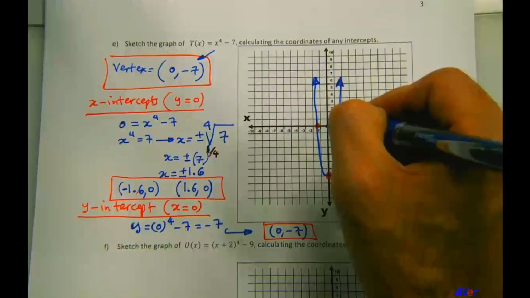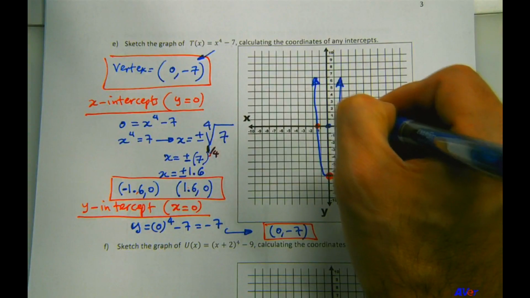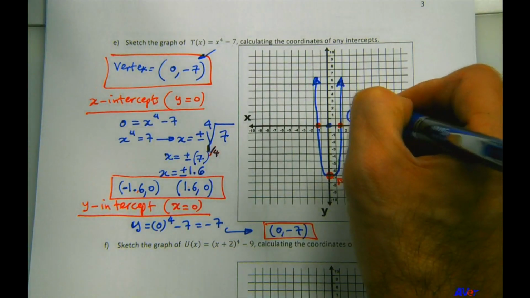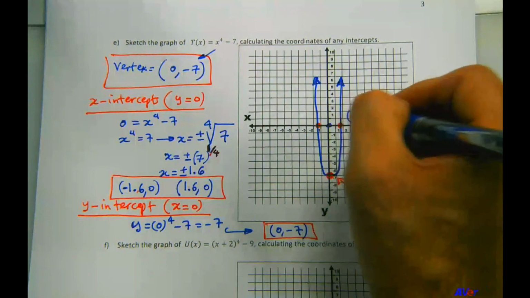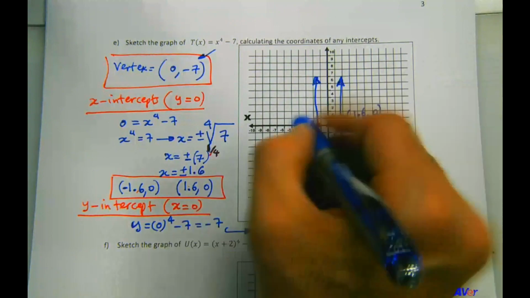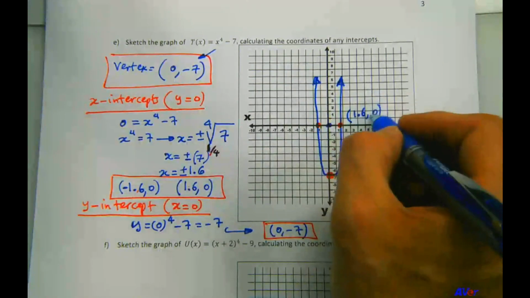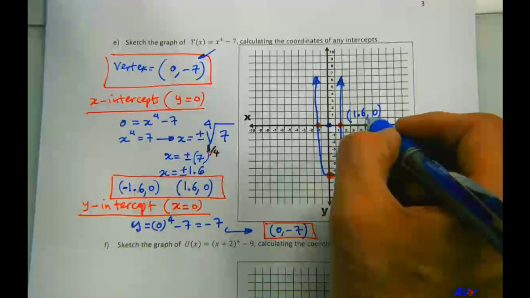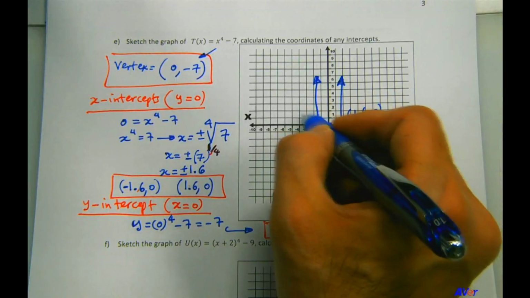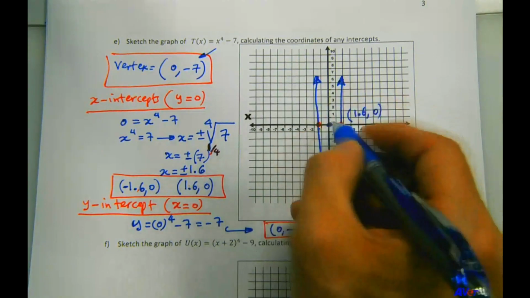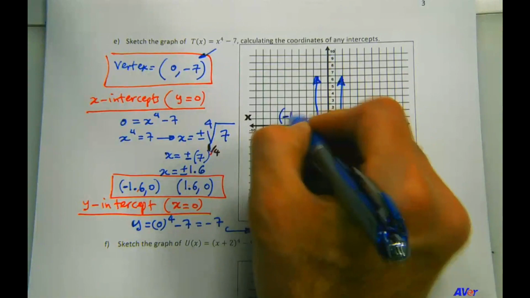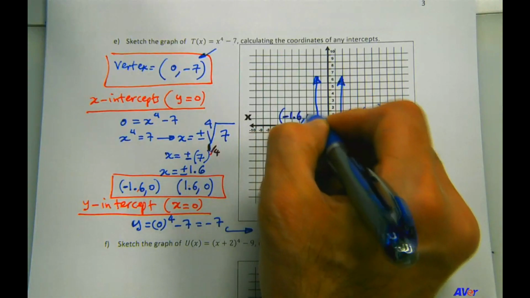And of course, this x-intercept is 1.6 comma 0. I don't want to write 4th root of 7. That's why I wrote 1.6. So it would have been more exact if I wrote 4th root of 7 comma 0 and negative 4th root of 7 on this side. But instead, I'm going to write minus 1.6 comma 0.